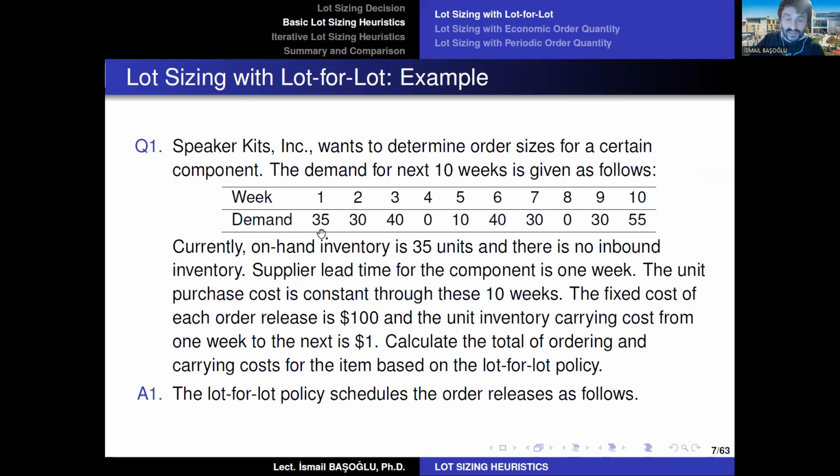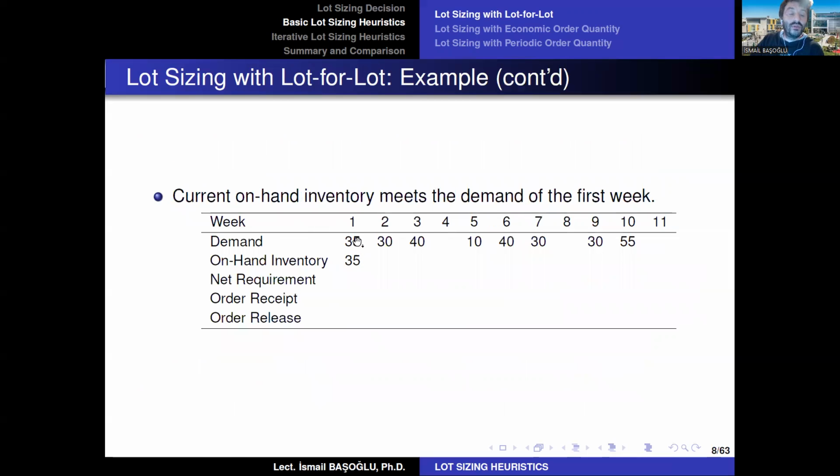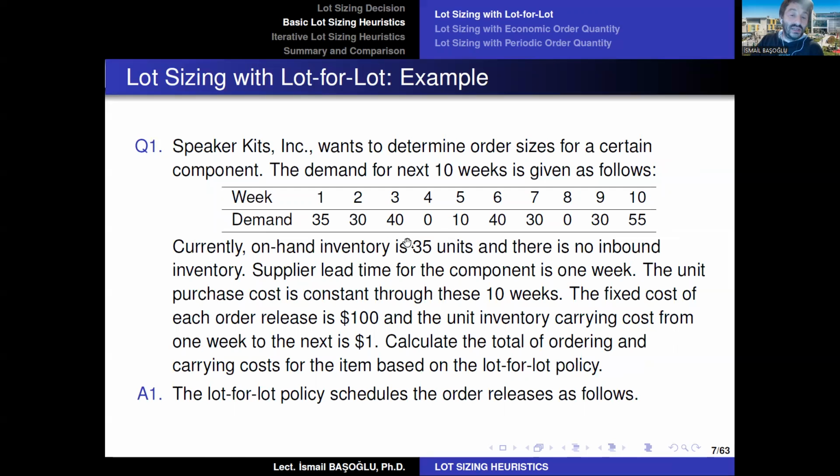If on-hand inventory was 20, I would subtract these 20 units from 35 and solve my problem as if I have 15 units of demand in the first week and no on-hand inventory at all. By subtracting the on-hand inventory from the first week's demand, I assume that I have no on-hand inventory and an adjusted demand.